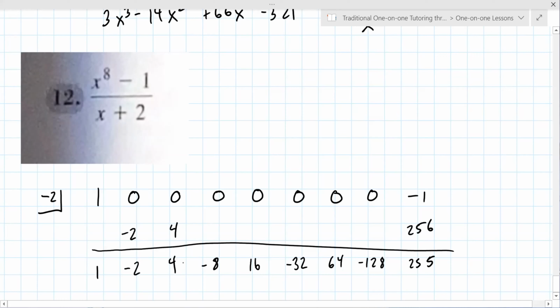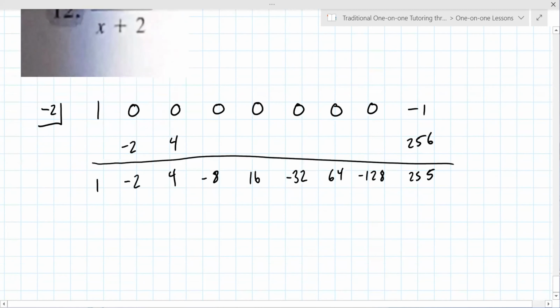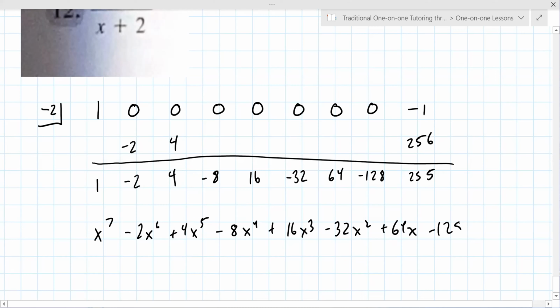But the point is that you know what's eventually going to happen because you're just multiplying by -2 each time. So this is x to the 7th minus 2x to the 6th, 4x to the 5th minus 8x to the 4th plus 16x cubed minus 32x squared plus 64x minus 128 plus 255 over x plus 2.